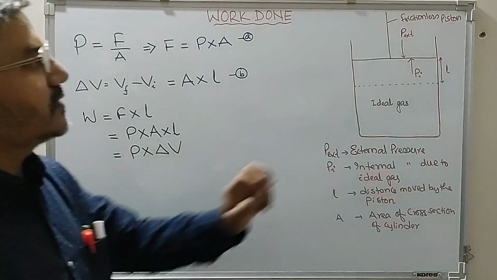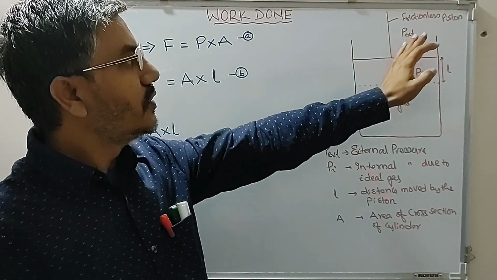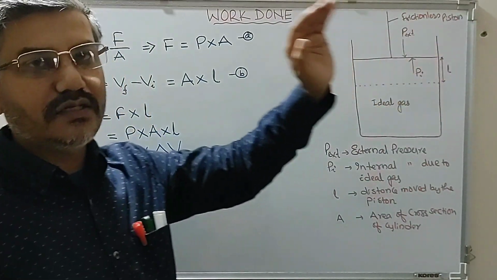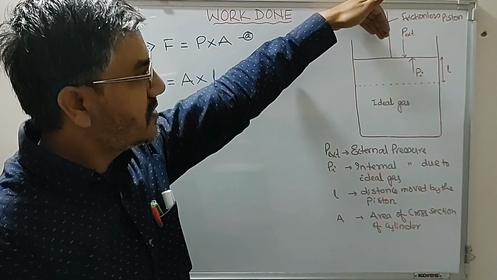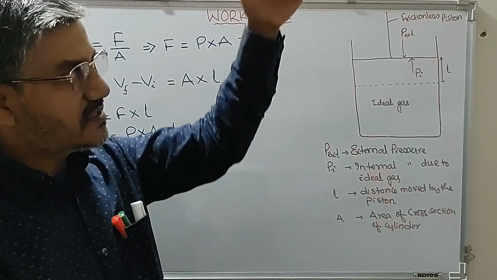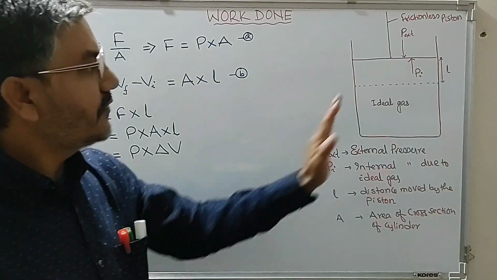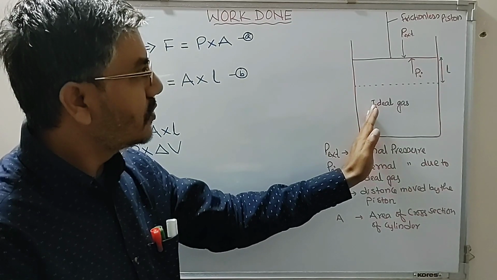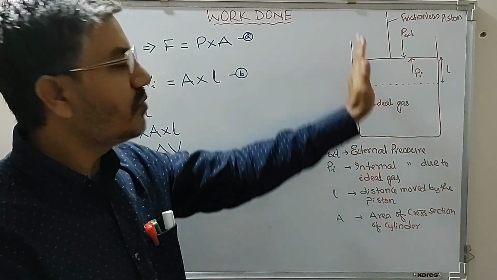Now here I am taking this pressure as external pressure as a limiting criteria because based on the value of external pressure, we can move downward or it can move upward. If this is moving downward, that is always compression work. Surrounding is doing work on the system. If external pressure is less than internal pressure, this will move upward.